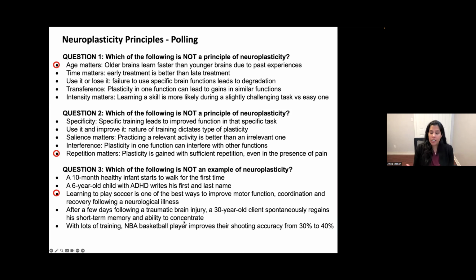It could happen on its own from the brain recovering and rewiring itself, especially in the acute phases. It could also happen just from the exposure that the client gets from their environment in the acute care setting. So that's why this is potentially an example of neuroplasticity. Hopefully that's clear.